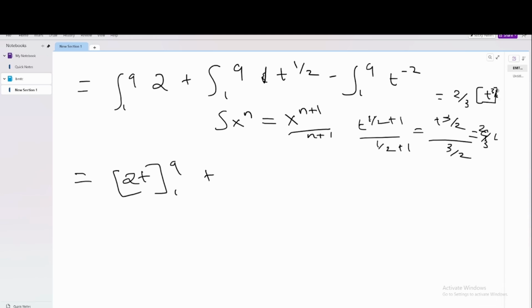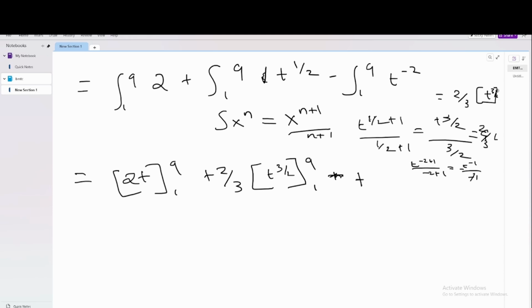So we write that here: 2 by 3 into t raised to 3 by 2, from 1 to 9, plus, minus, t raised to minus 2 plus 1, which is t raised to minus 1 divided by minus 1 is minus.